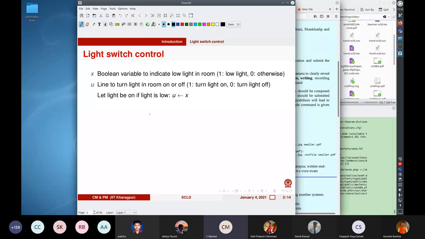So what's a Boolean output? Abstractly we say that it is either 1 or 0, but in practical terms it has to be some physical quantity. The physical quantity is usually a voltage.